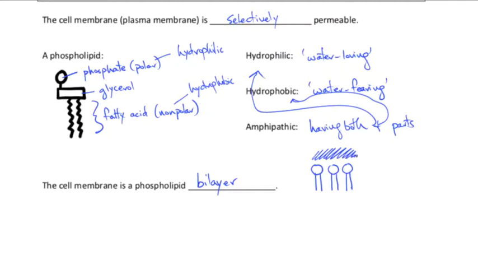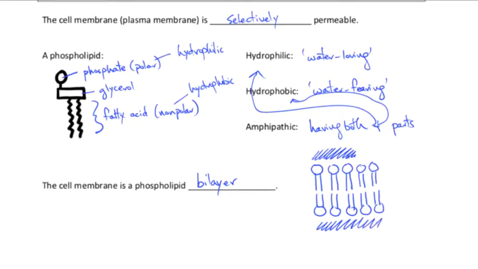This is the water here. But these hydrophobic tails are going to try and get away from water. And the only way they can do that is if they pair up with other phospholipids facing in the opposite direction. In this way, if there's water out here, the hydrophobic tails can come together and get away from the water, excluding water from the interior.